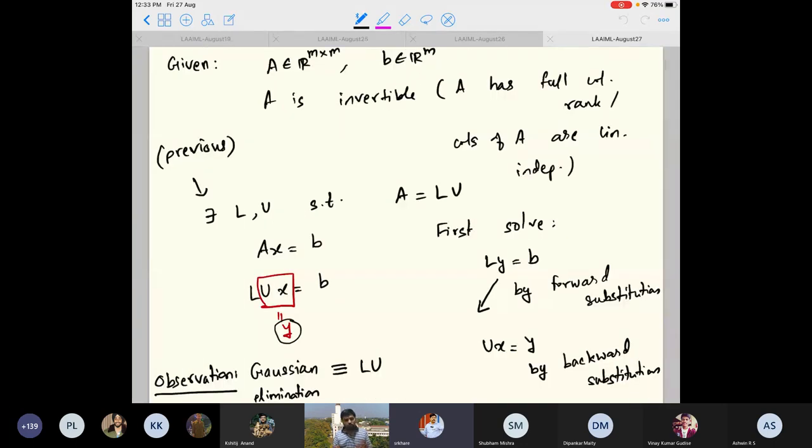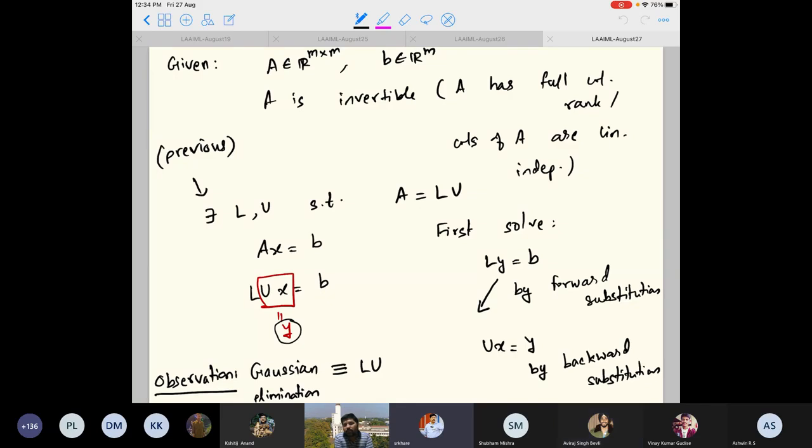So any comments about this, any doubts? You want to add something to this discussion? Since this is so simple, do we generally always use LU decomposition?